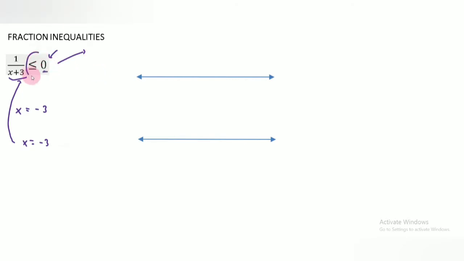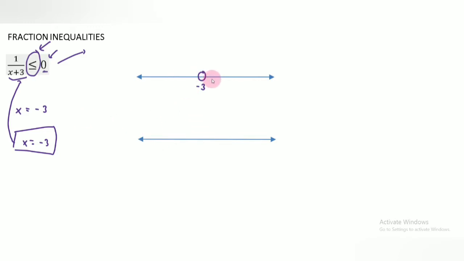No matter what the sign is, whether it has an equal sign or not, -3 cannot be your solution. So we have one border here, -3, but it has to be an open circle, no question. Whenever you have factors on the denominator, it has to be an open circle, since the solution cannot be equal to that number. I hope it's clear.